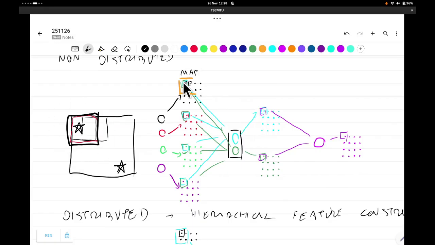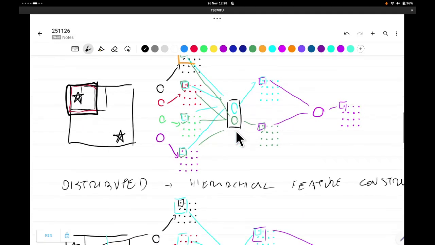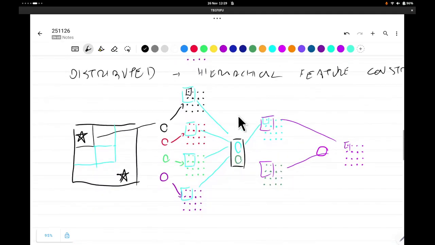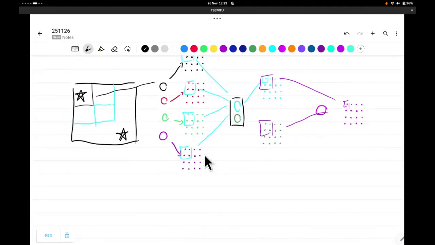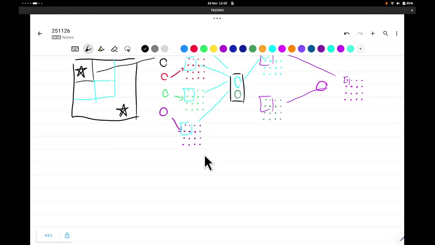Everything else is just looking at the output of the previous layer. While here it is a combination of outputs from different positions of the scanning window from the previous layer. So this is how you build this hierarchical map of the initial image.